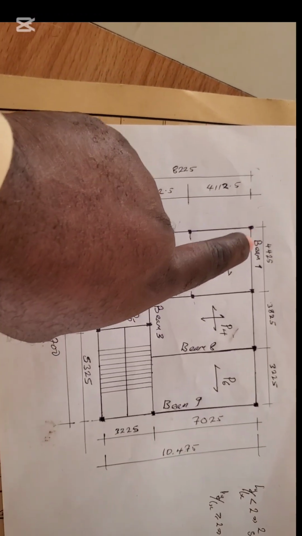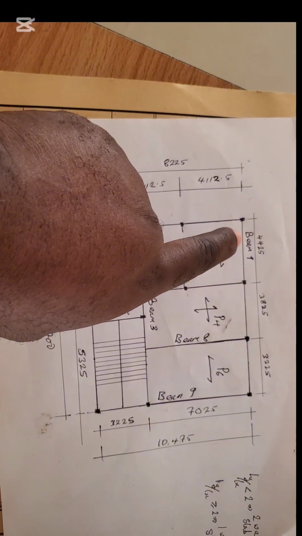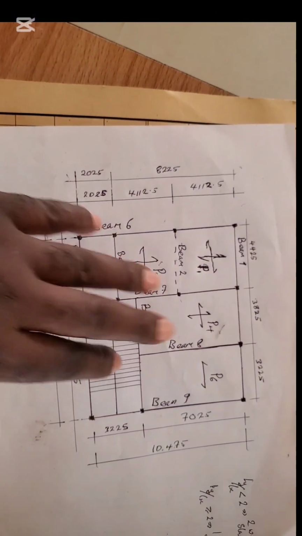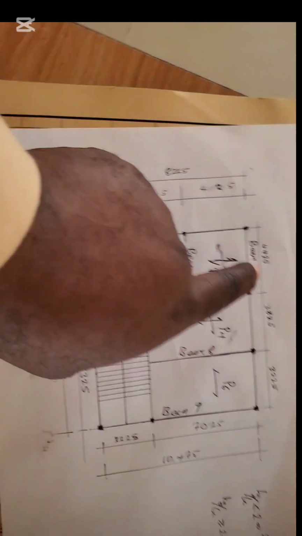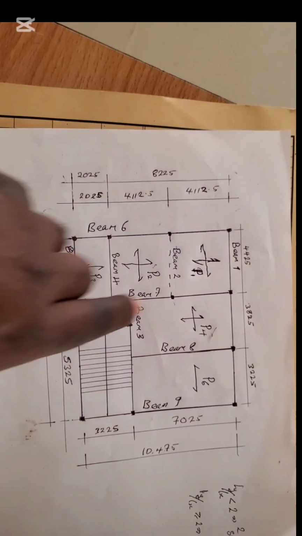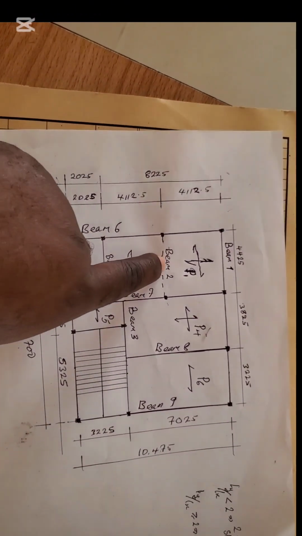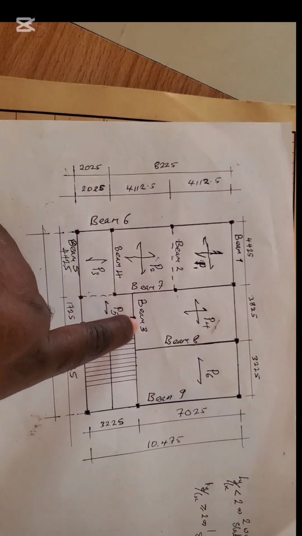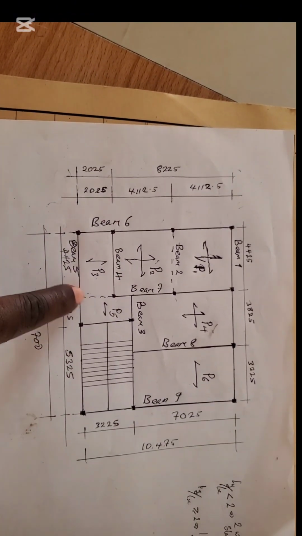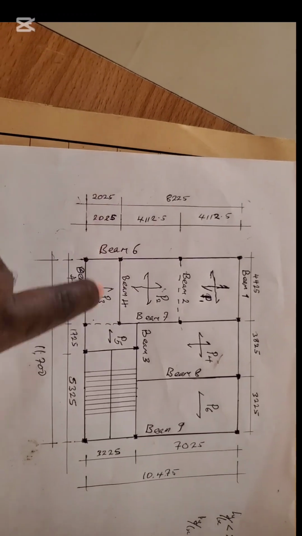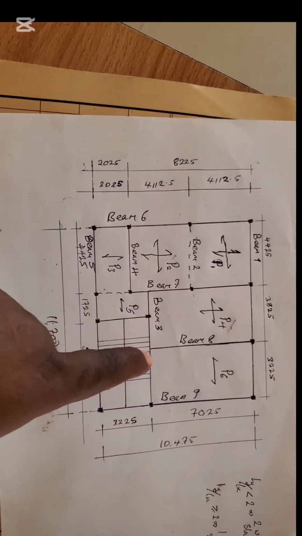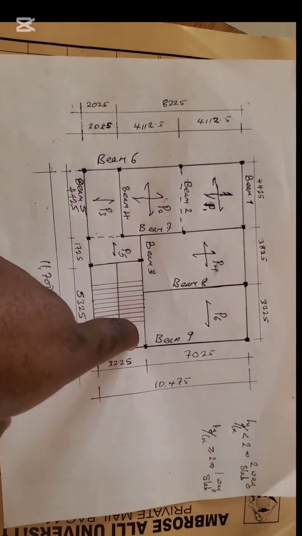We started by naming the horizontal beams: beam 1, beam 2, beam 3, beam 4, then beam 5. Then the vertical beams: beam 6, beam 7, beam 8, and beam 9.